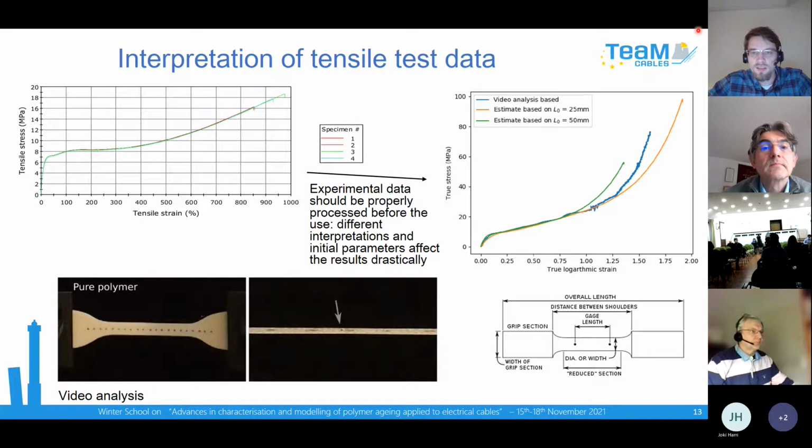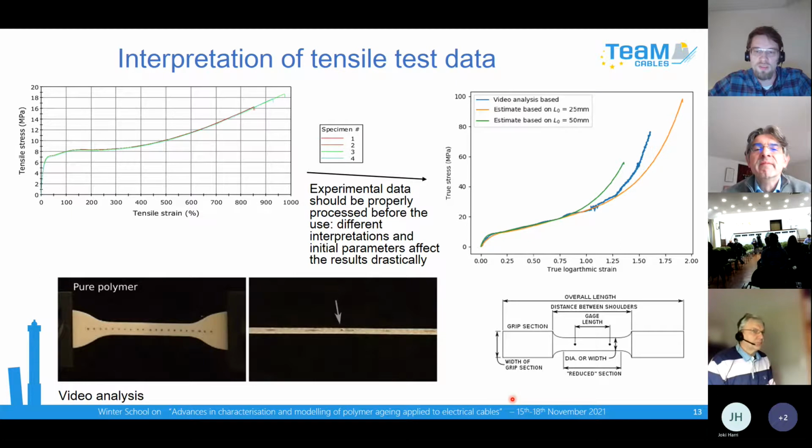On the right side of the slide, you can see three curves. The green and orange lines are the same stress strain curve, but we assume a different initial length of our specimen.